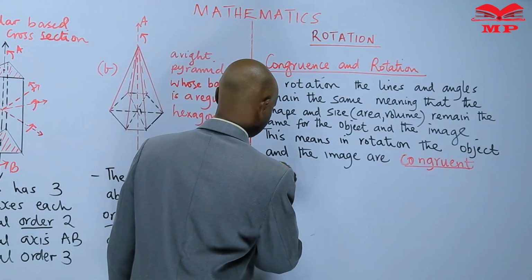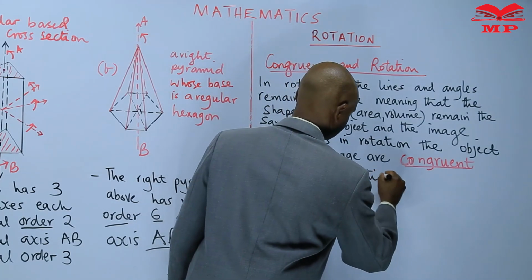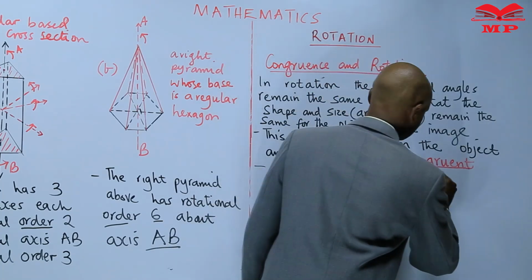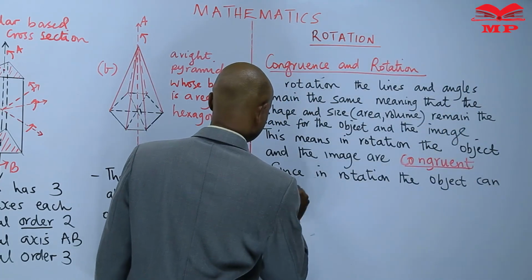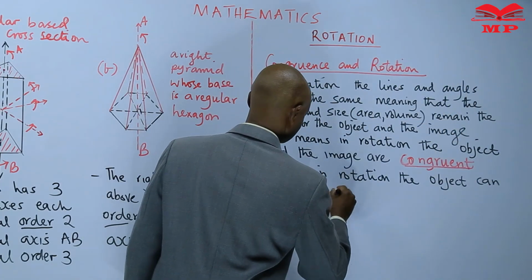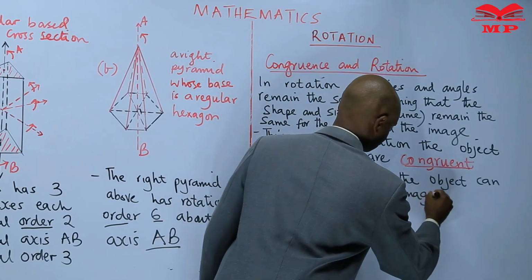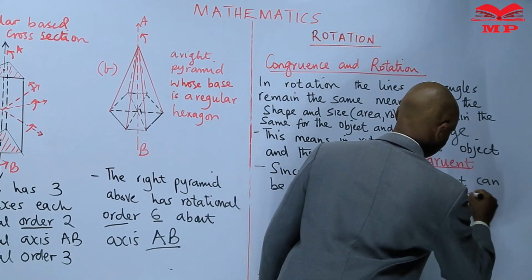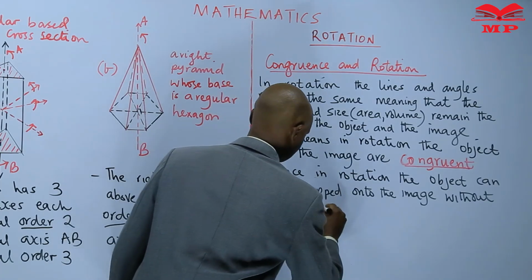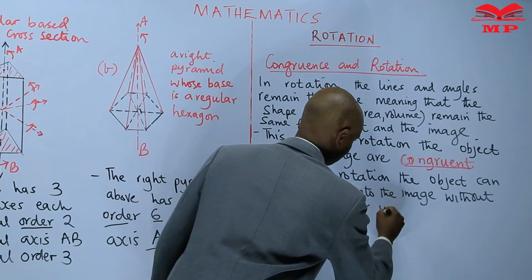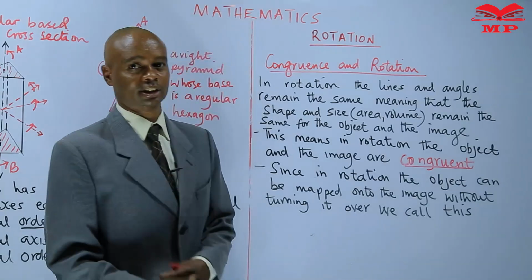Since in rotation, the object can be mapped onto the image without turning it over, we call this, as earlier learned, direct congruence.